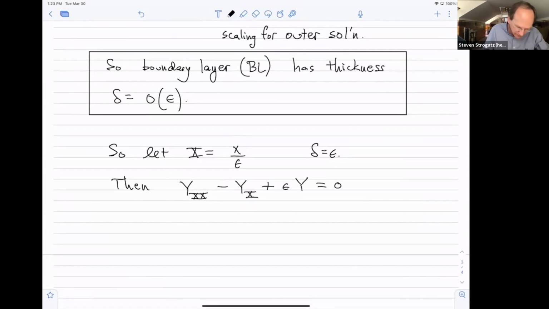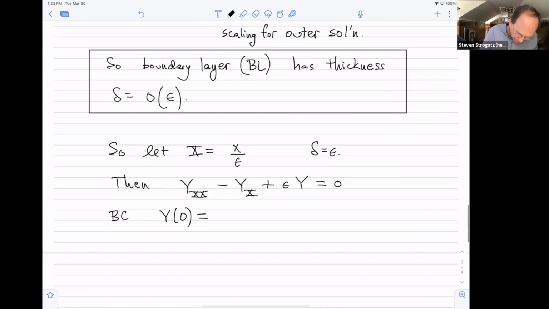That's my inner equation. And remember, we're still making this wrong-headed assumption that the boundary layer is at 0. So we want to impose the boundary condition at 0, which was that y of 0 is 0. And so that's our inner problem.